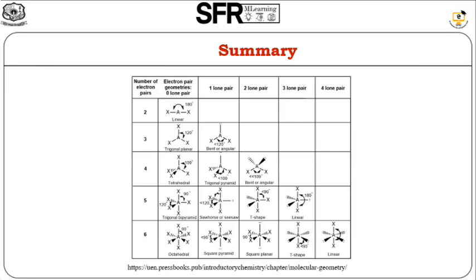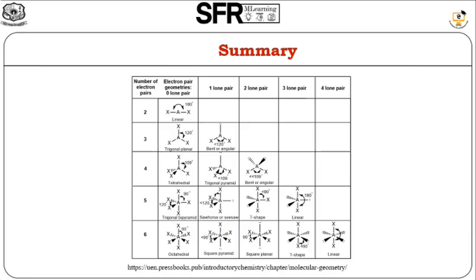The steric number is 4. Without lone pairs, the geometry is tetrahedral. With one lone pair, the geometry is trigonal pyramidal and the bond angle decreases to 107. With two lone pairs, the geometry is bent or angular.